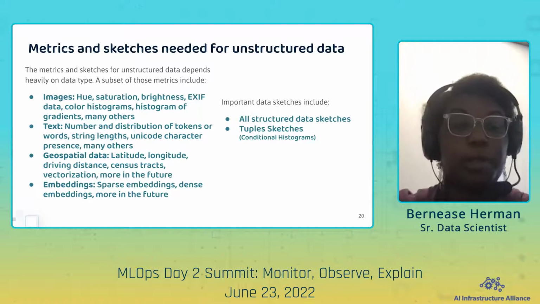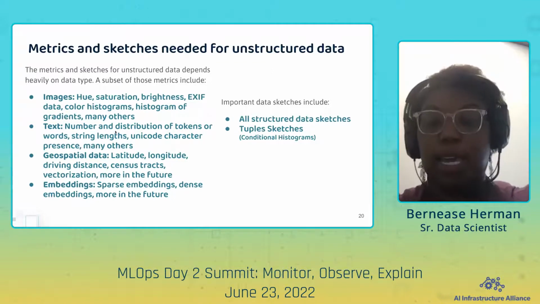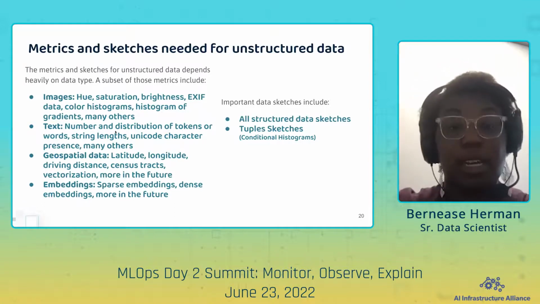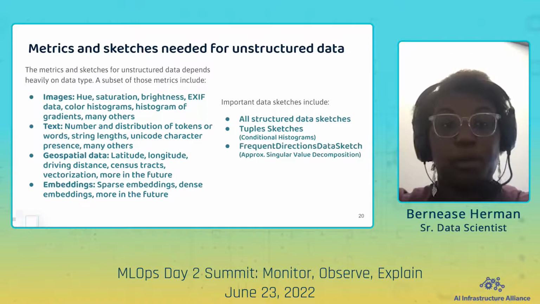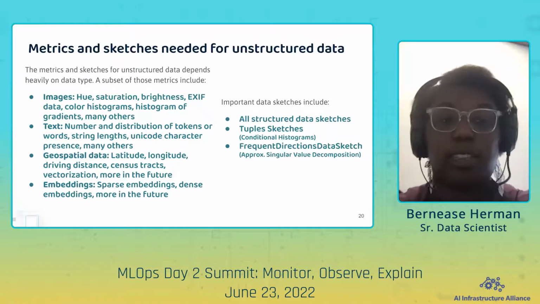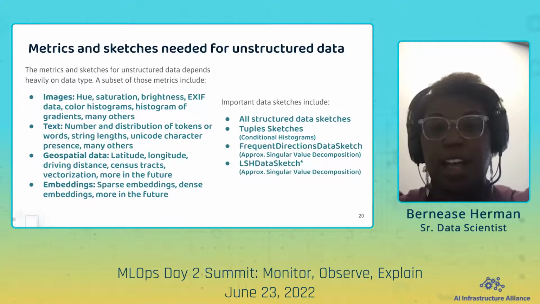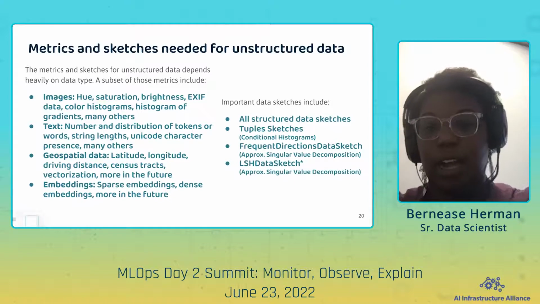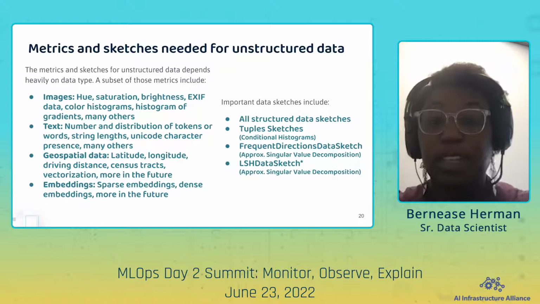So based on a particular kind of area of the graph, I may want to condition on some relation and only see the histogram for that. This is really important for unstructured data. Things like frequent directions data sketch. So this is the singular value decomposition. Things like LSH hashing, locality sensitive hashing. This is also important.